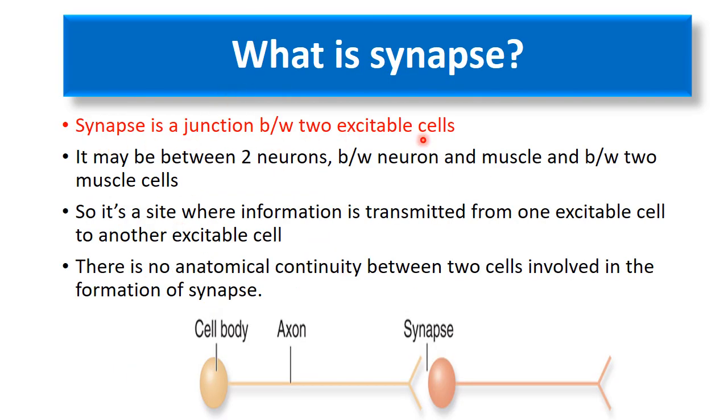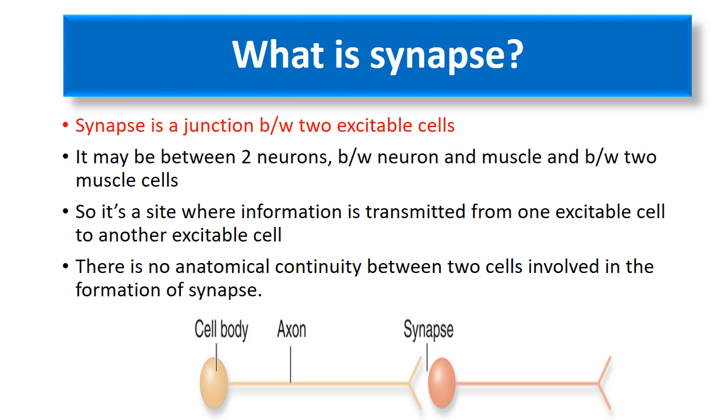So, what is a synapse? Actually, synapse is a junction between two excitable cells. As you all know, we have two types of excitable cells in the body, that is the neuron and the muscle. So, the synapse is a functional junction. It's not the anatomical junction, it's the functional junction between the two excitable cells.